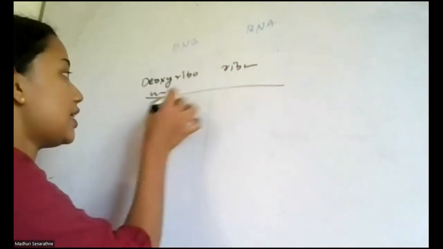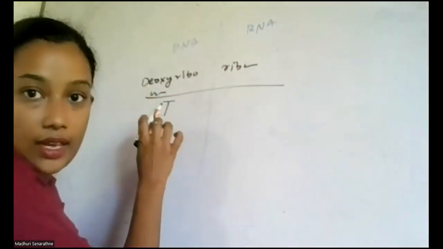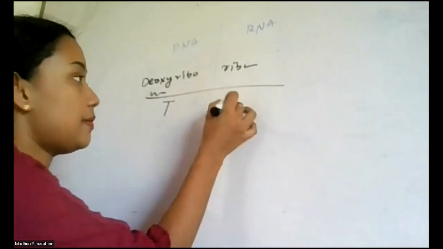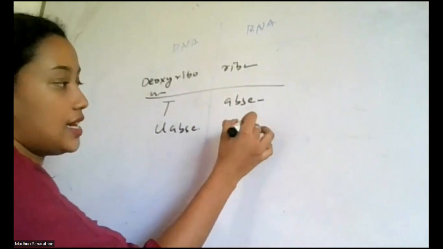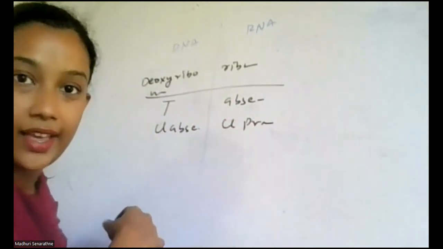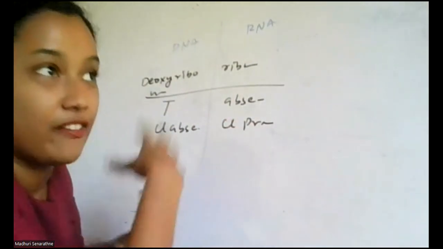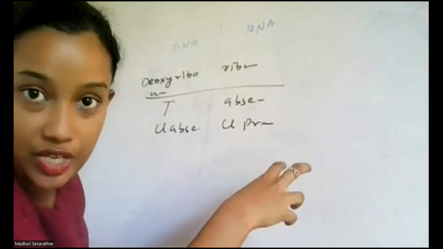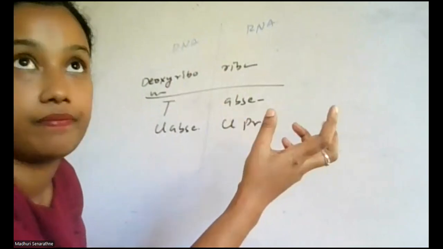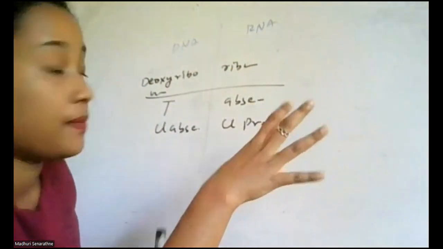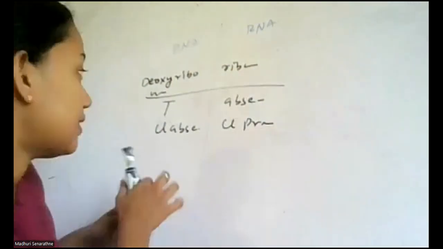Other difference: here thymine is present, here thymine is absent. Here uracil is absent, here uracil is present. We can match our answer according to the type of question. As they have asked about differences, we have to enlarge our answer like that.